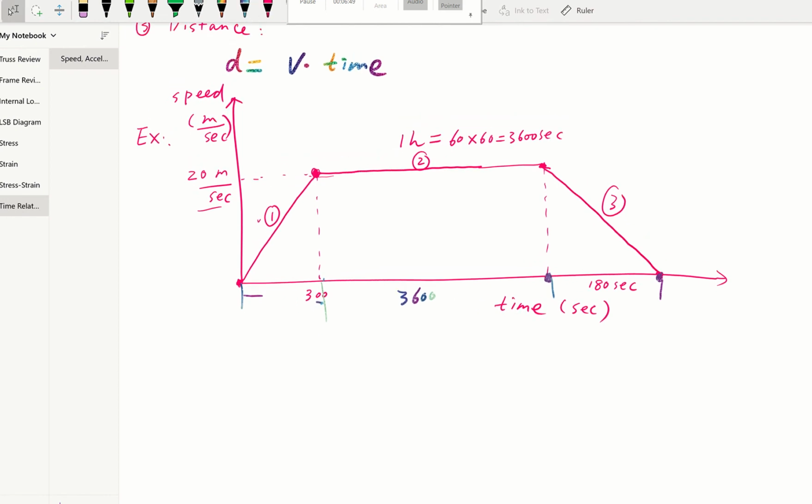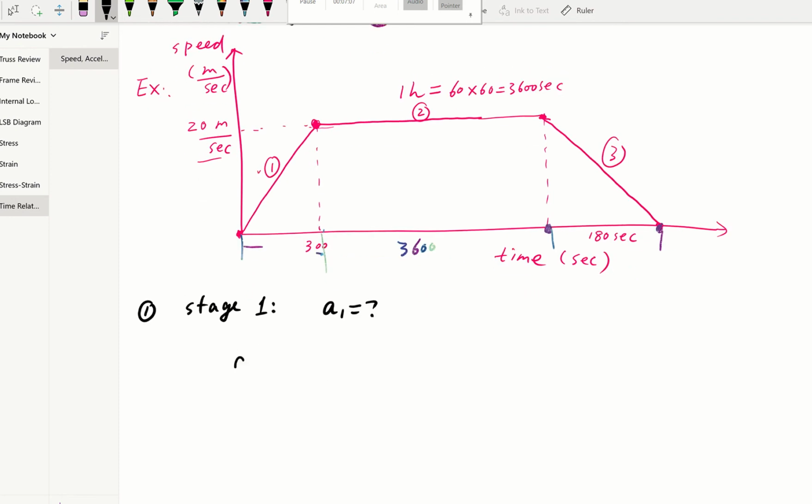The first thing we want to look into is, at stage 1, what's going to be the acceleration? We learned acceleration is velocity change over time.